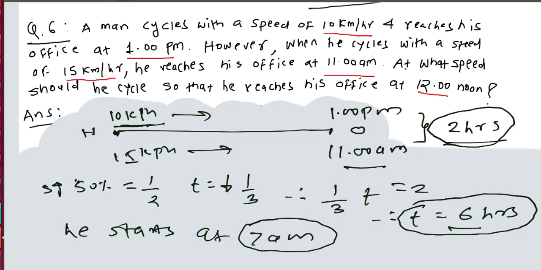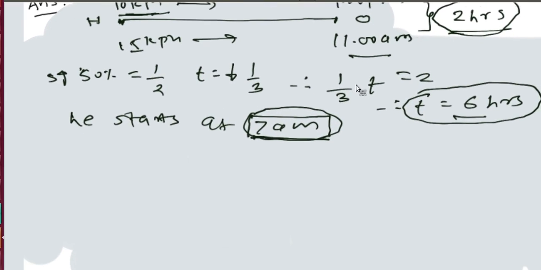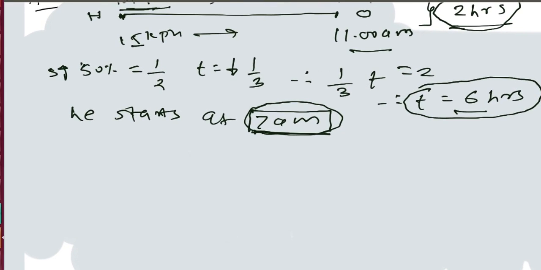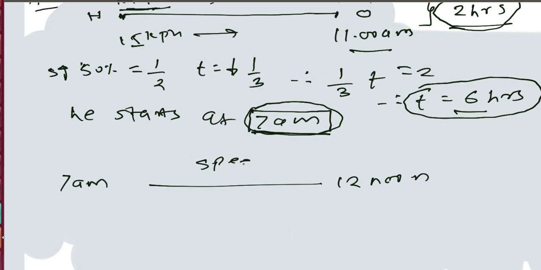He is always starting at 7 a.m., right? But at what speed should he travel? So here the starting time is 7 a.m., reaching at 12 noon. What is the speed?